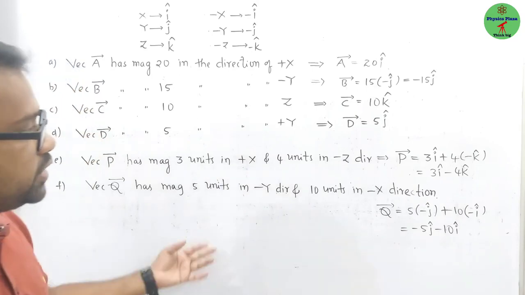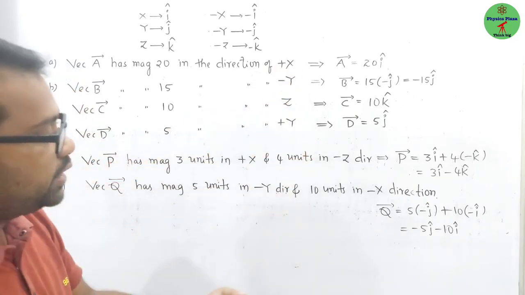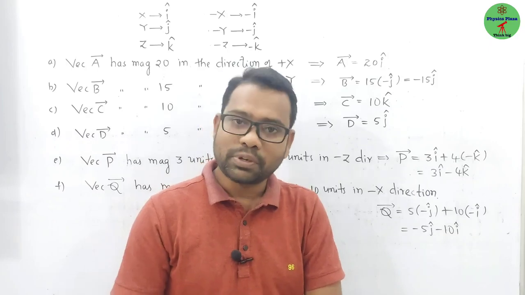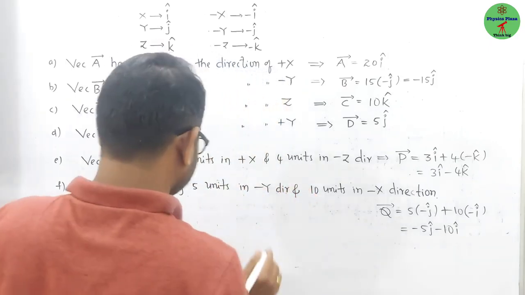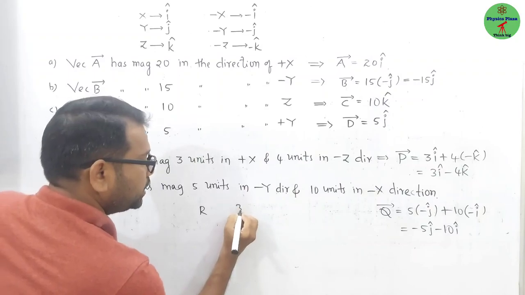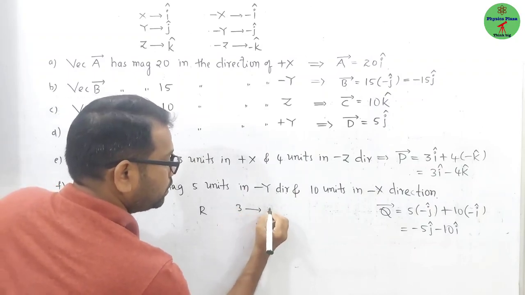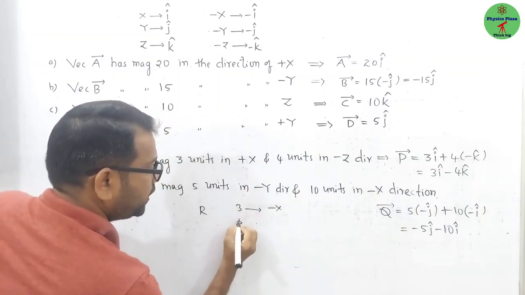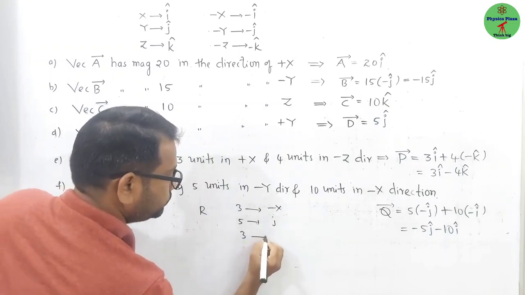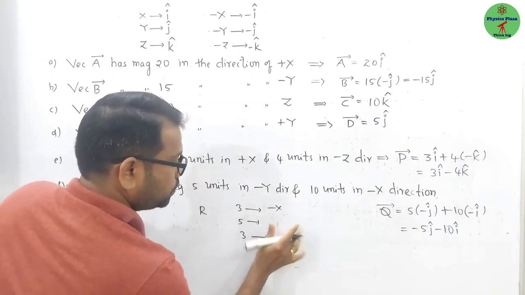Now this is one dimension and this is two dimension. The same thing can be in three dimensions also. For suppose, one more vector, let us say vector R. It has 3 units magnitude in a minus x direction and 5 units in a y direction and 3 units along z.